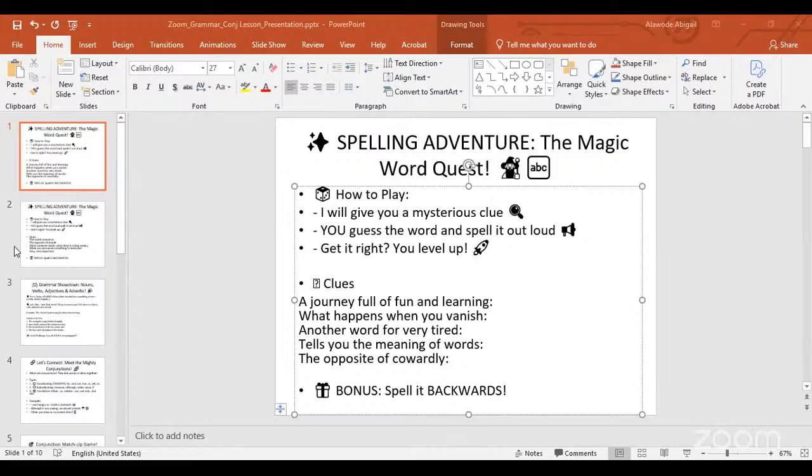So not strategic personality traits. So can you spell courageously for me? Correct. That's very good. Okay.